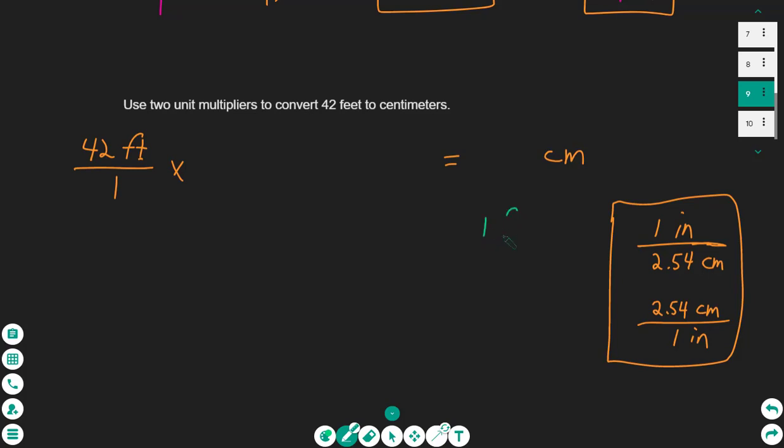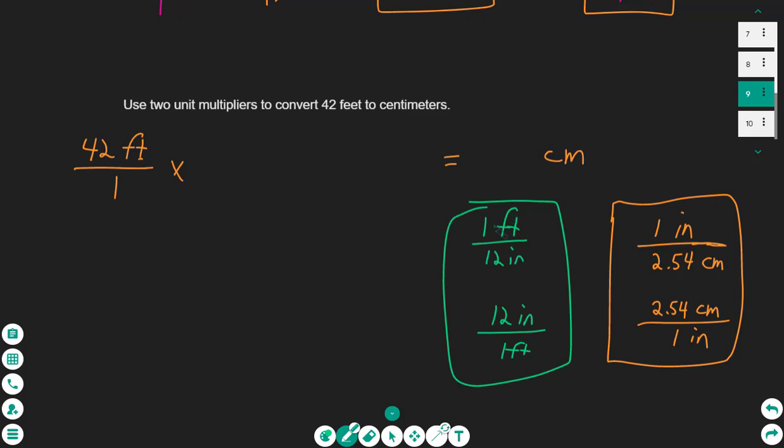We could use 1 foot over 12 inches, or 12 inches over 1 foot. So bottom line, we take this 42 feet, multiply it by something to get to inches, and then take those inches and multiply by something to get us to centimeters.